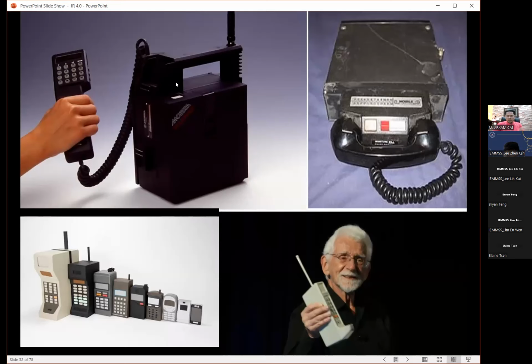The first mobile phone, top left, looks like this, with big bulky batteries that stored about 4 hours of battery usage. Then we move to this computer phone, and the bottom left is the evolution of the smartphone from the previous size. The big issue with phones at that point in time was the battery.